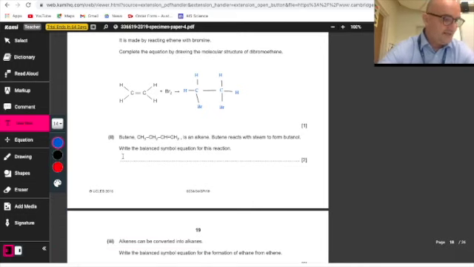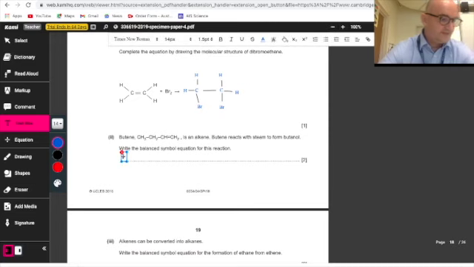So we're going to have our butene, so that's butene to but is 4, and an alkene is double, not add 2, double, so it's C4H8, and we're going to add H2O, and we are going to make our butanol, which will be C4H9OH. Beautiful.